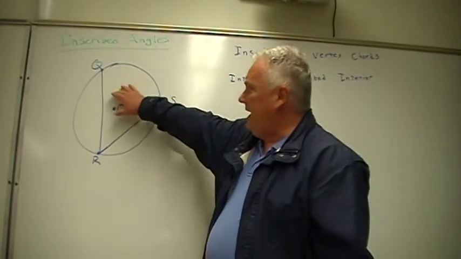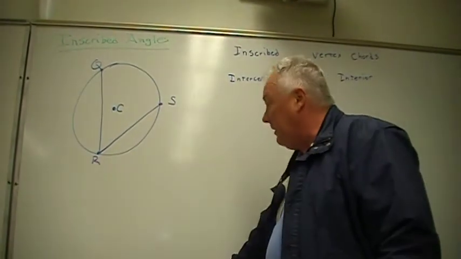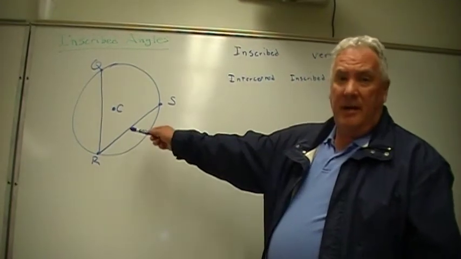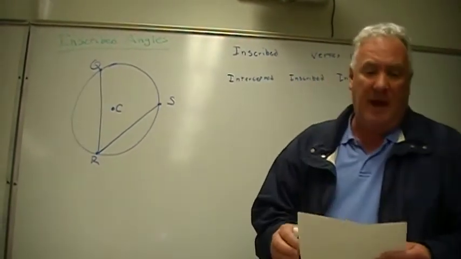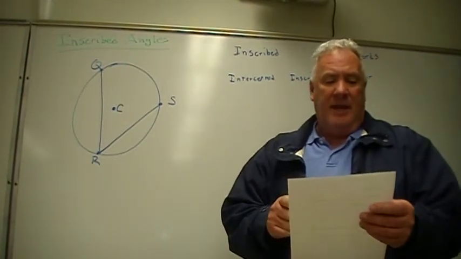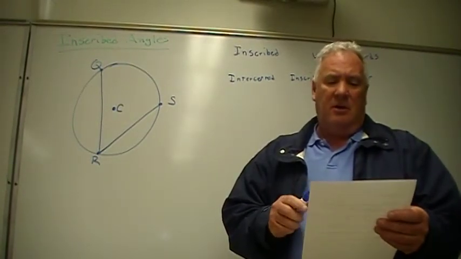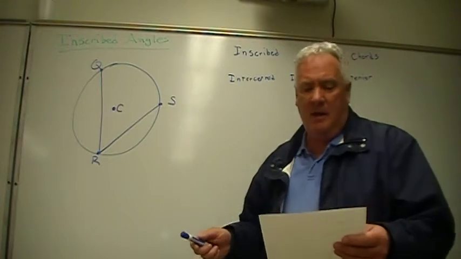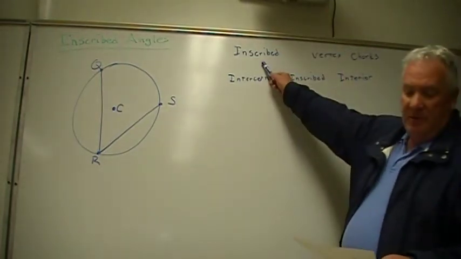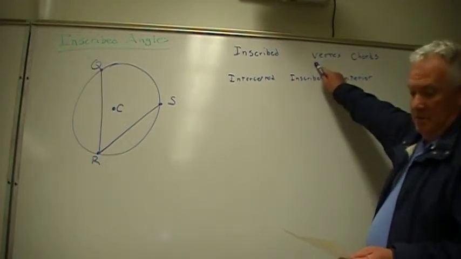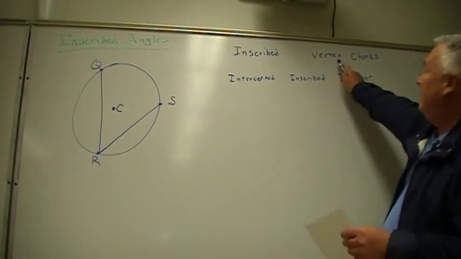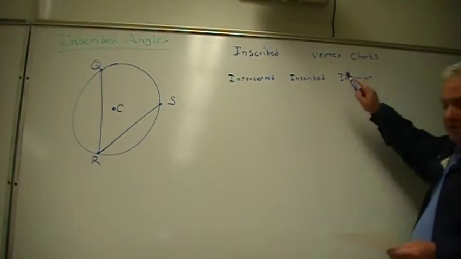We did central angles before, but now inscribed angles. And this is what an inscribed angle looks like. In your notes paper, it says a blank angle has a blank on a circle and sides that contain blank. An inscribed angle has a vertex on a circle and sides that contain chords.